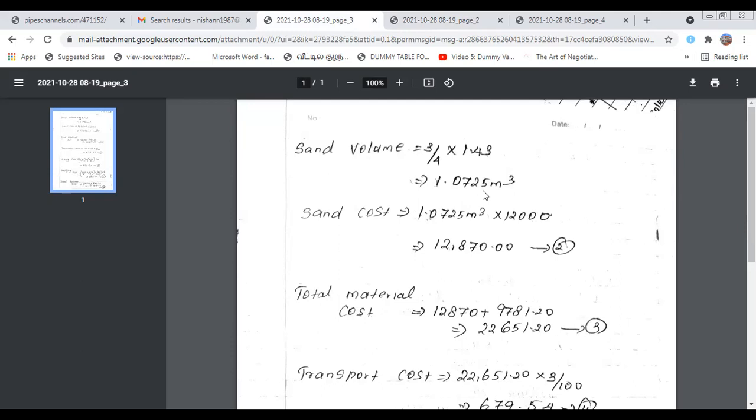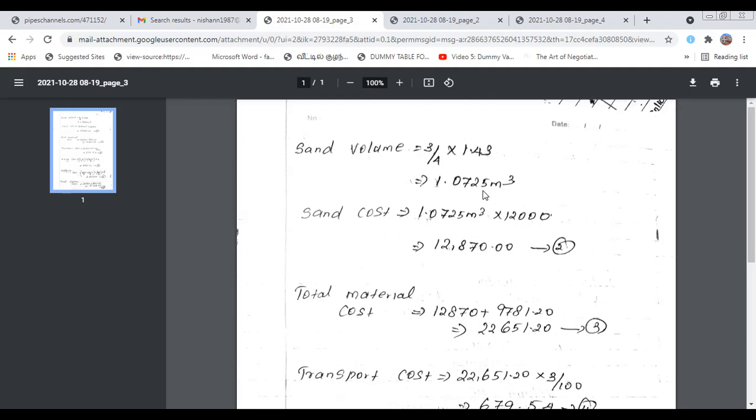Sand volume. Now, one part of cement volume is calculated. Now we can move to the sand volume: 3 upon 4 into 1.43 equals 1.0725 meter cube.